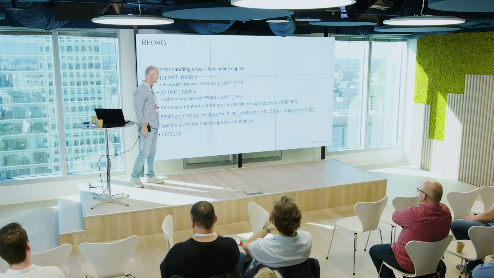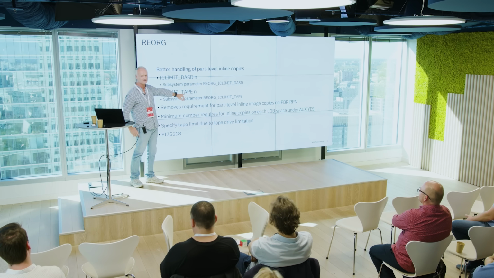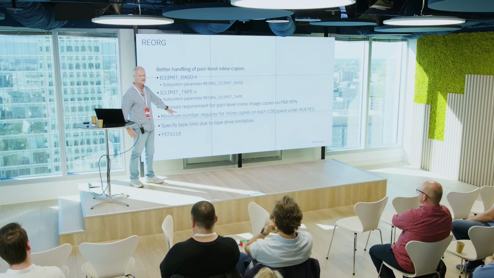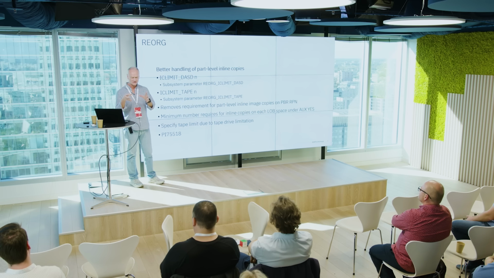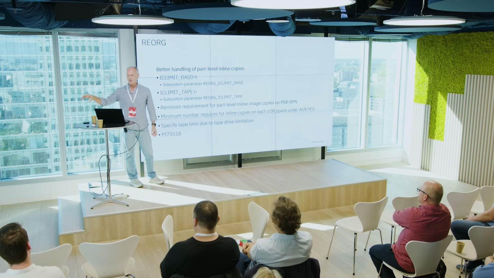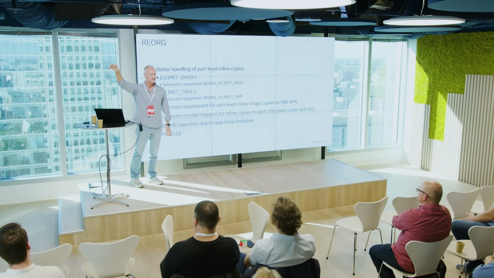So you can't, for example, specify IC limit tape 1 when you're reorging a PBG with a lob column, because the reorg of a PBG table space with a lob column is going to want to move rows between data partitions. But we can't move rows between data partitions without moving its corresponding lob from one lob table space to another.